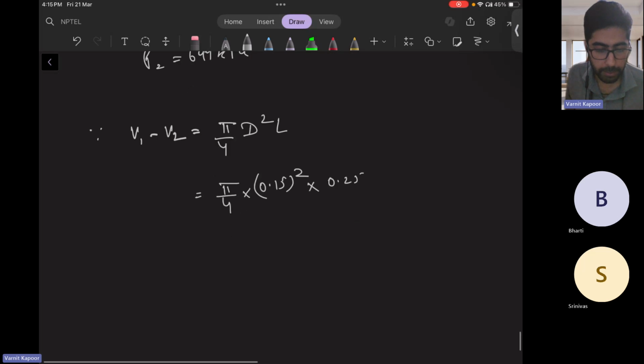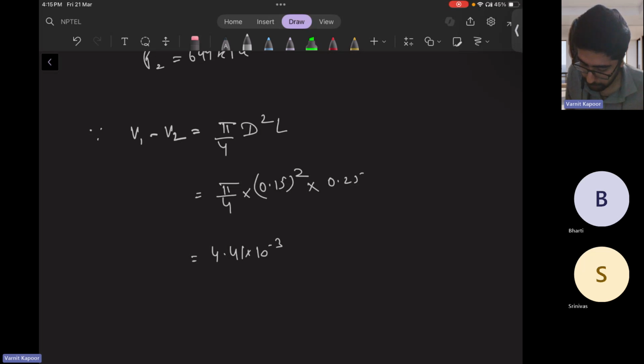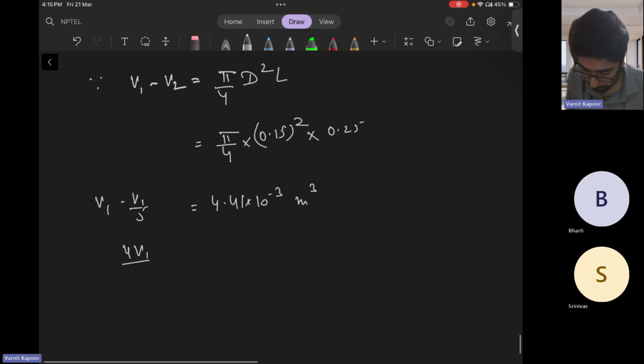So from here it comes out to 4.41 into 10 to the power of minus 3 meter cube. That is the swept volume. And you know that V2 is V1 by 5. So 4 V1 by 5 is equal to 4.41 into 10 to the power of minus 3.